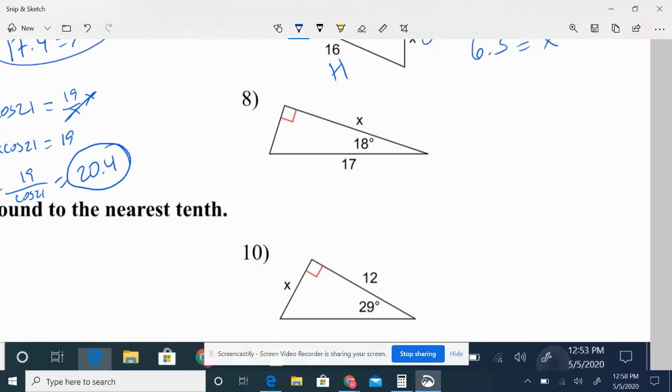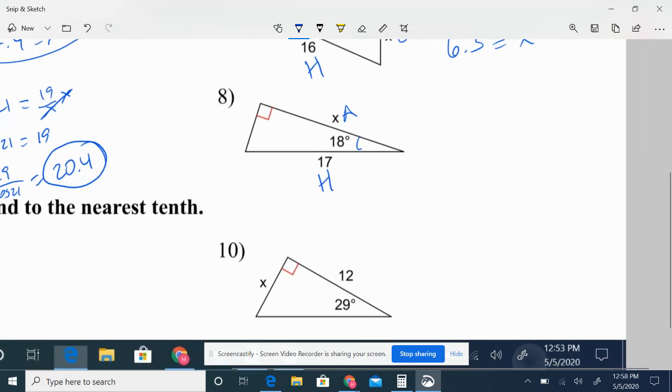Looking at question number 8, the hypotenuse is given. So I'm expecting my side, which is the adjacent, I expect x to be less than 17. Remember, hypotenuse is the biggest, so my x should be less than 17. All right, I'm looking at cosine in this case. Cosine of 18 is equal to x over 17.